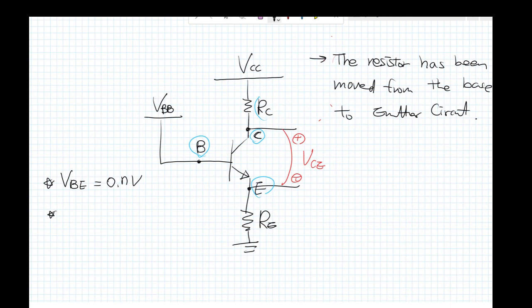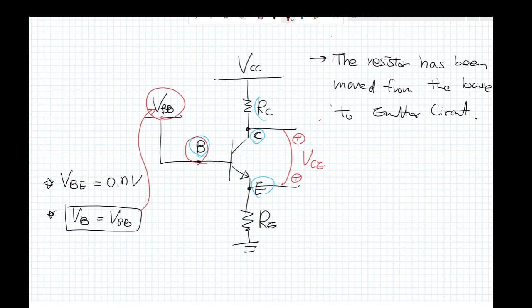And V sub B is equal to V sub BB for this circuit. Can you see that right there? Here. So V sub BB is equal to V sub B. Same thing. But yeah, that was different from the base bias. Don't get confused, okay?